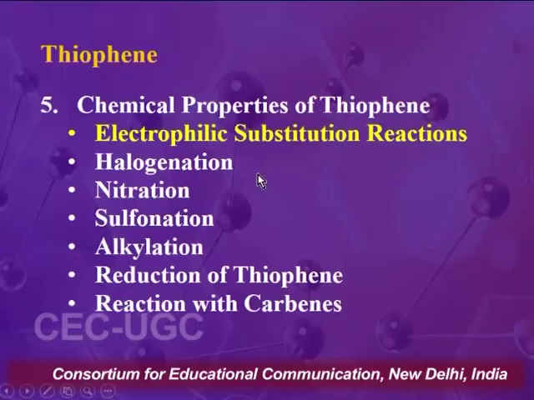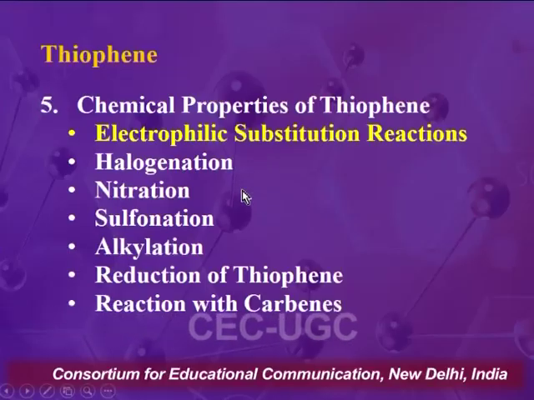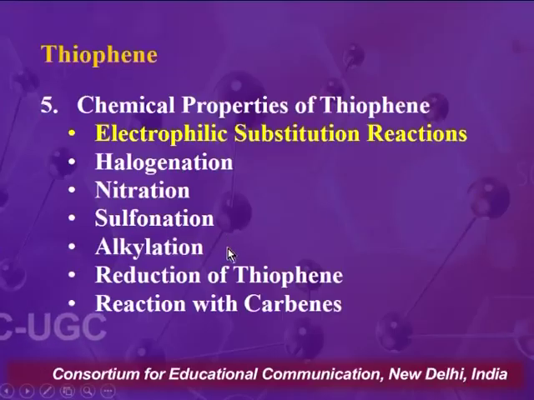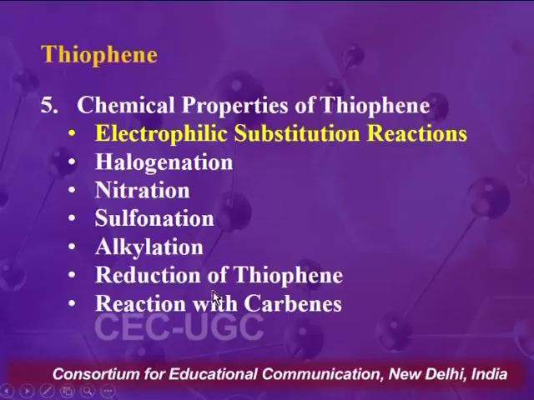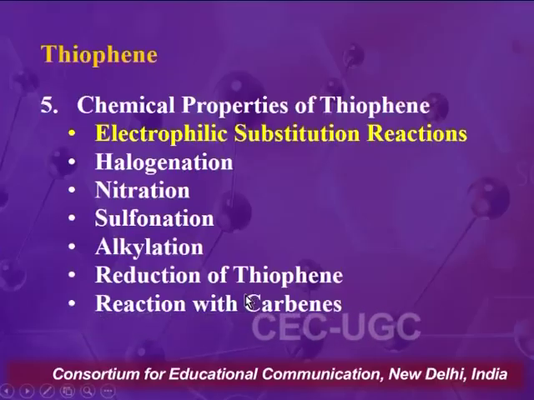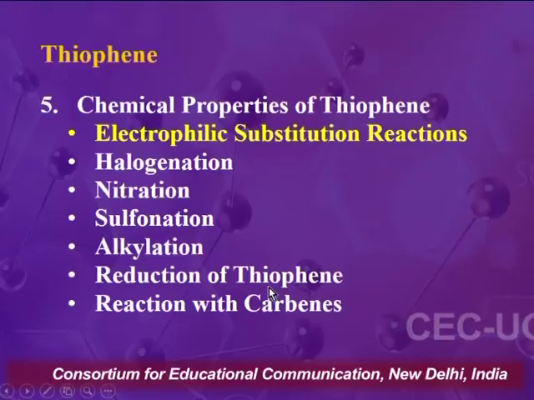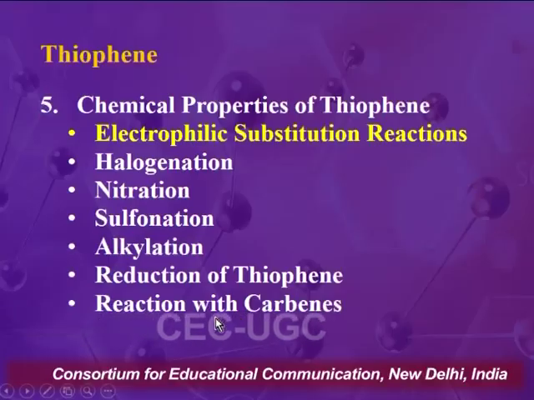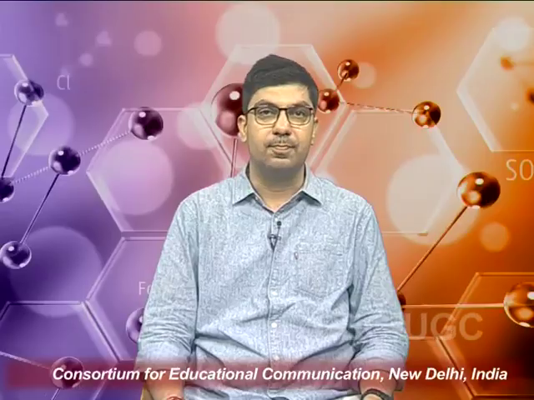The first will be halogenation reaction, thereafter nitration, then sulfonation, alkylation reaction, then we will discuss the reduction of thiophene by using different conditions for the reduction, and at the last we will discuss the reaction of thiophene with carbenes.